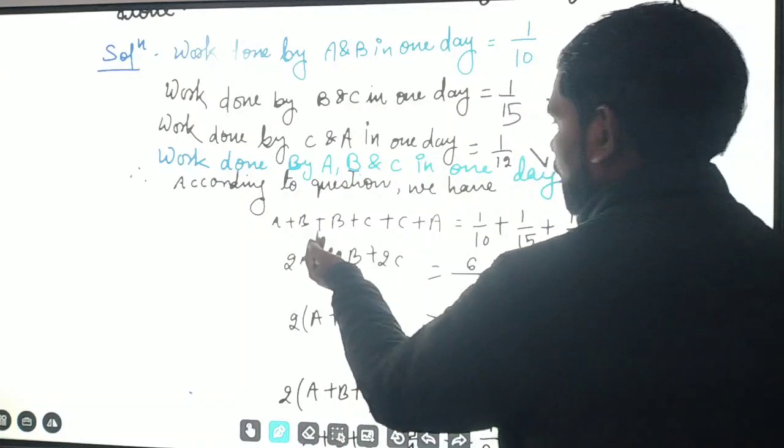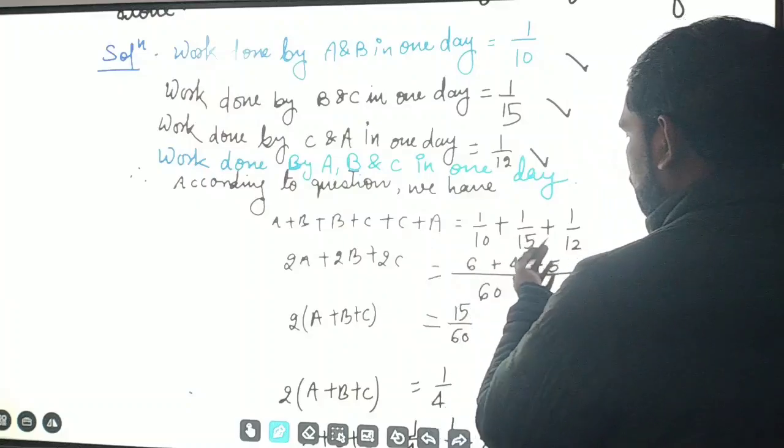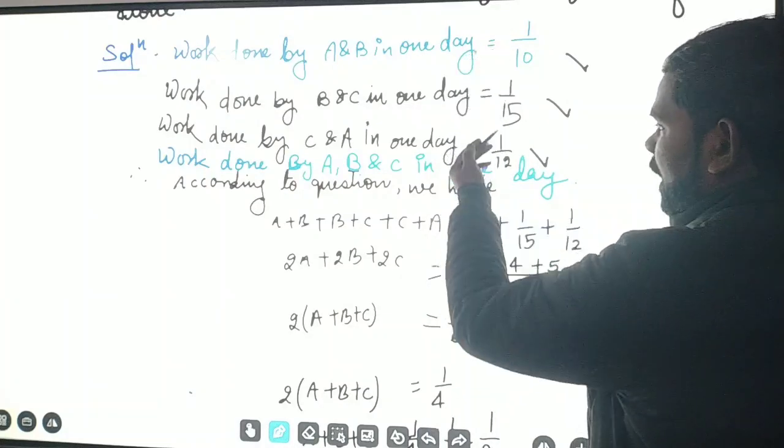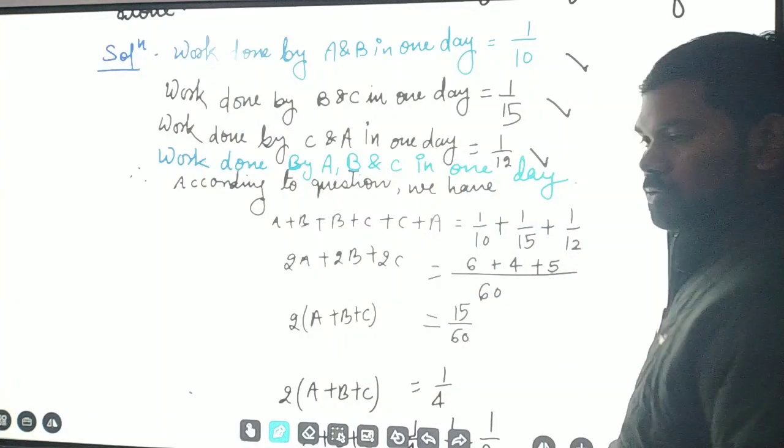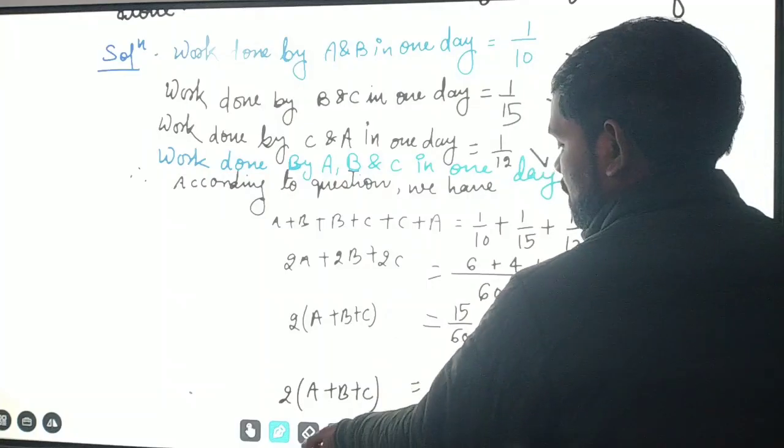And this AB plus BC plus AC is equal to this. We have to add all these three fractions.